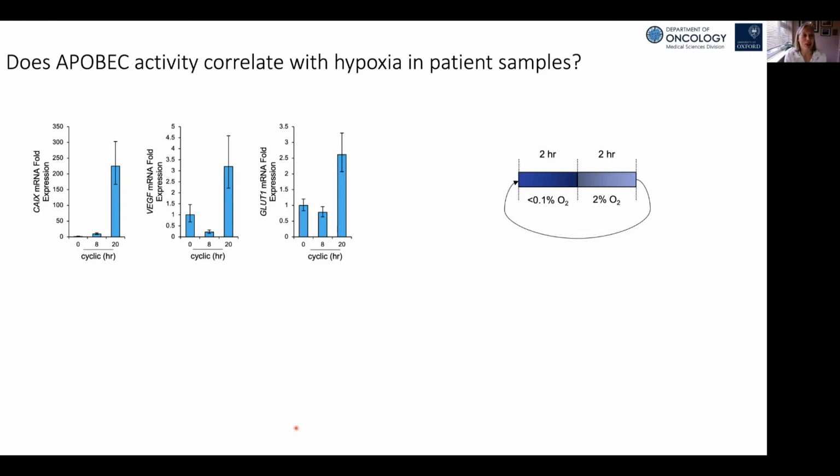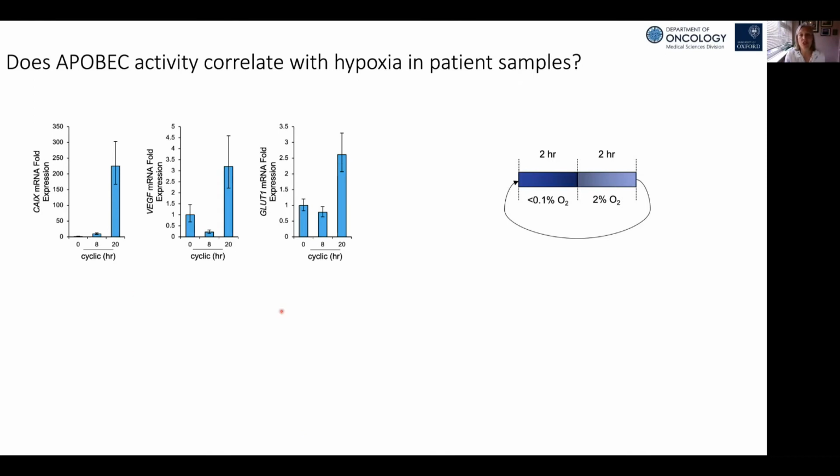Most importantly, though, can we link this mechanism that we've uncovered, whereby cycling hypoxia is leading to APOBEC activity, can we link that to patient samples? Now, obviously, that's challenging because we don't have a way of measuring cyclic hypoxia in patient samples. So we thought about, well, what have we got and could we use that? And the first thing that came to mind was, of course, the hypoxia signature.